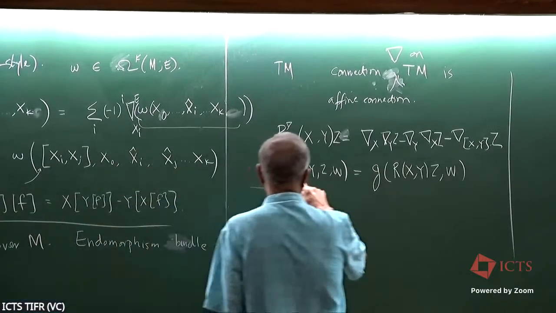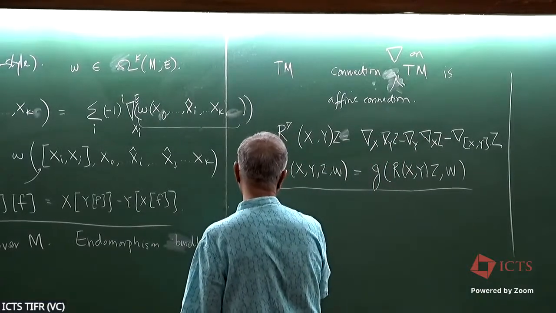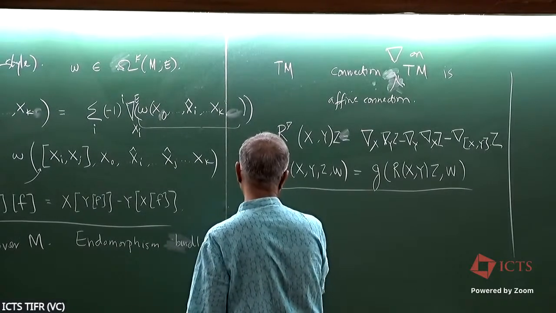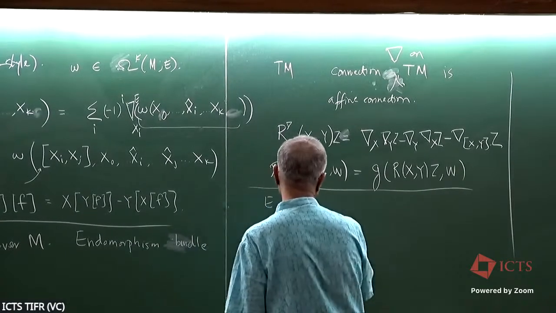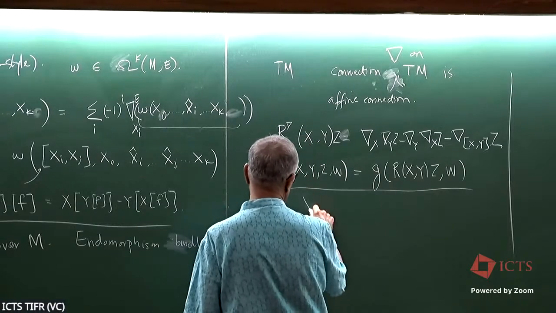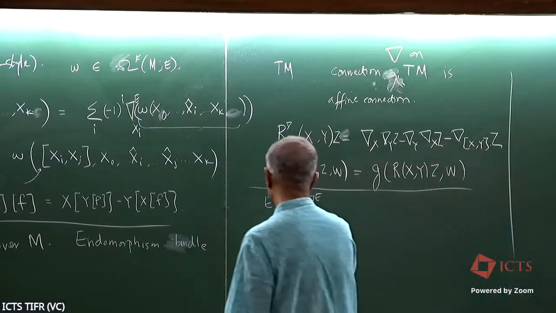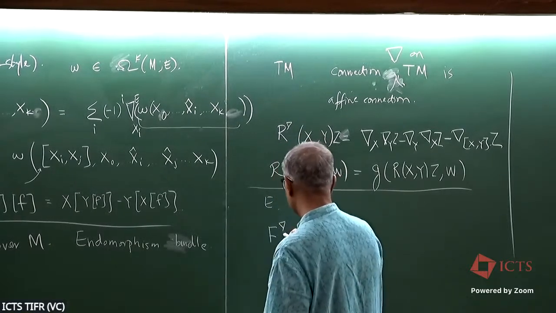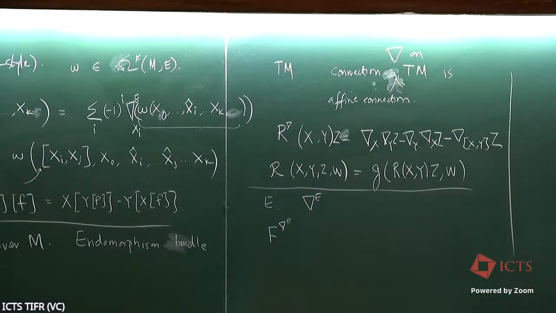So the curvature of a general connection: if we take a vector bundle E and a connection on E, some people write the curvature with F rather than R, as in physics.